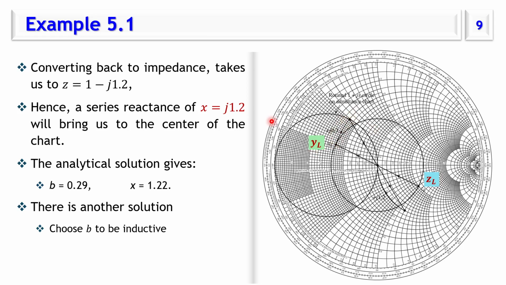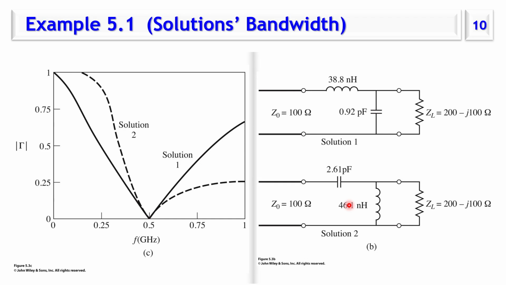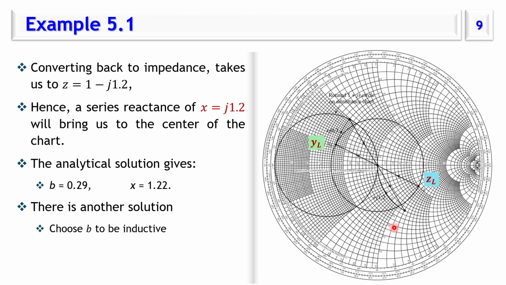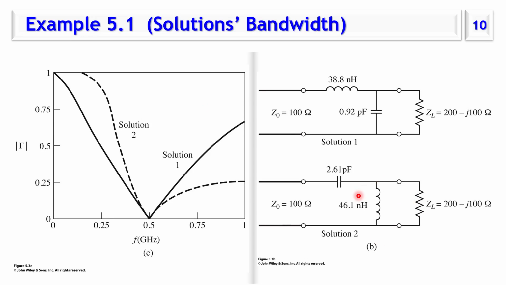So we have the solution that we discussed first, some capacitance here and some inductance here, but we can have the opposite. We can go from this point, so the first element would be inductance, and if we complete the calculation, the second element would be capacitance.